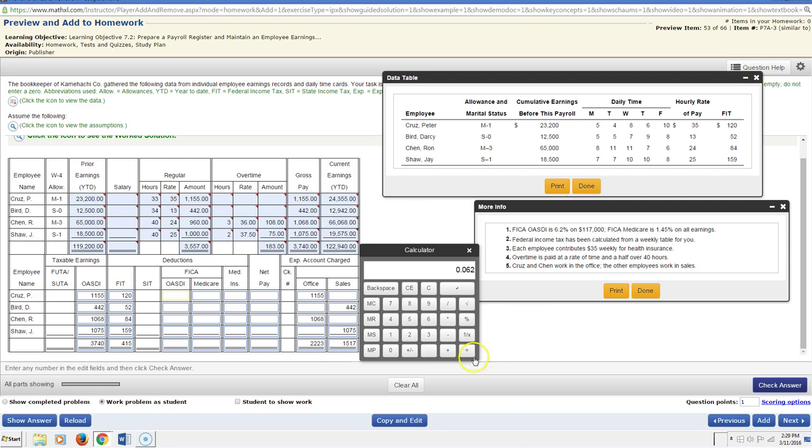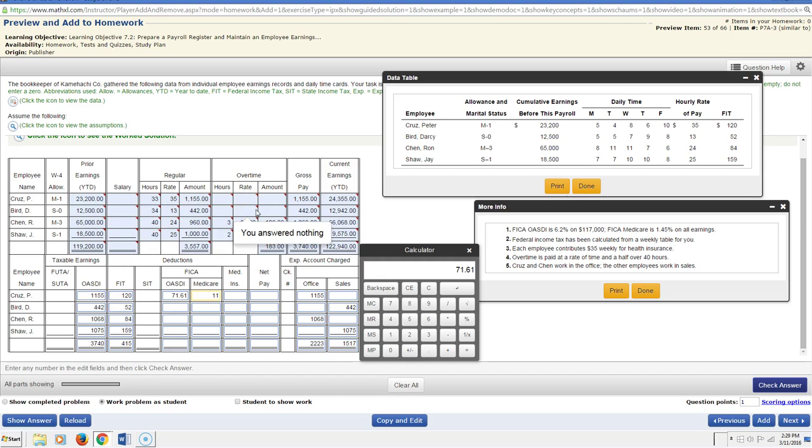Okay, so you multiply that out and you're going to get 71.61, and you're going to pop that number in here, 71.61. That look right?